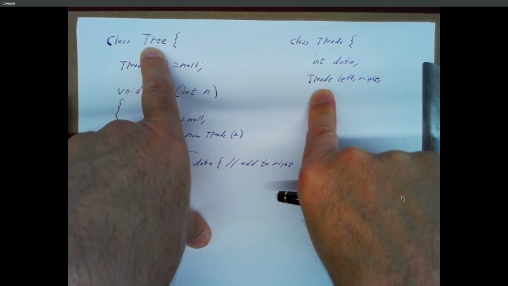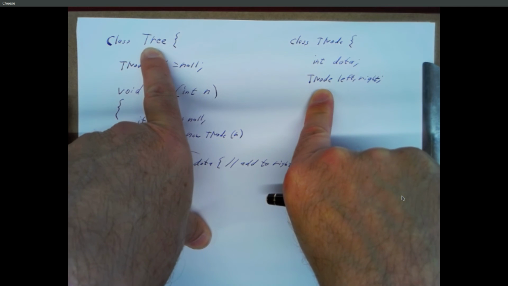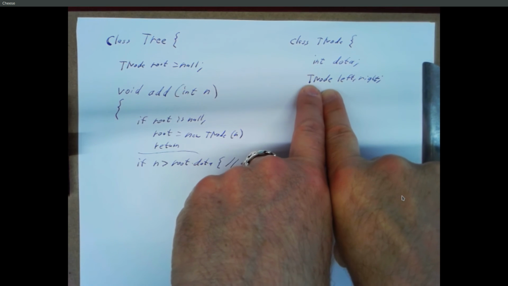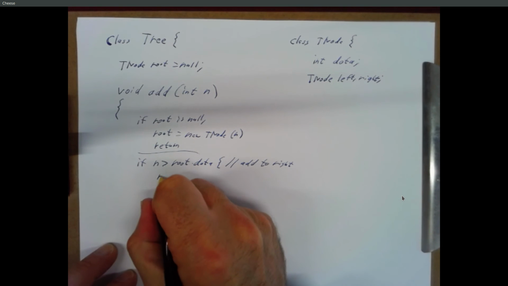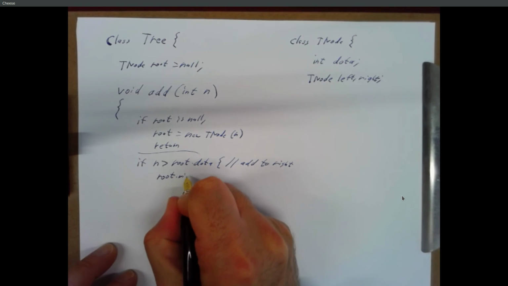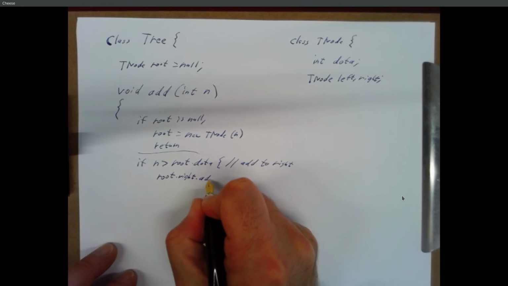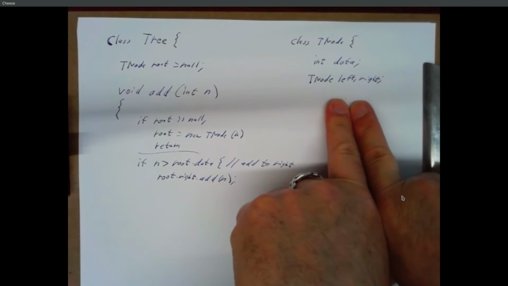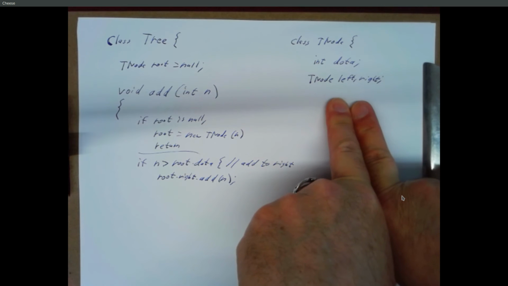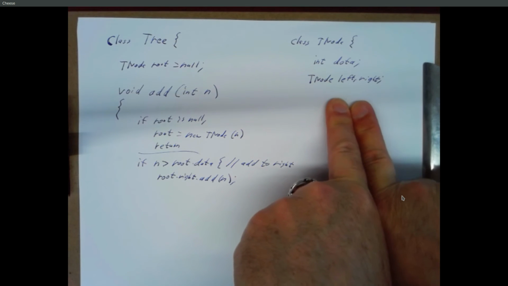The add method is defined inside our tree class, not inside our t node class. So if I say root.right.add(n), that's going to give me a compile error unless I have an add method inside my t node class, which is exactly what we're going to do.